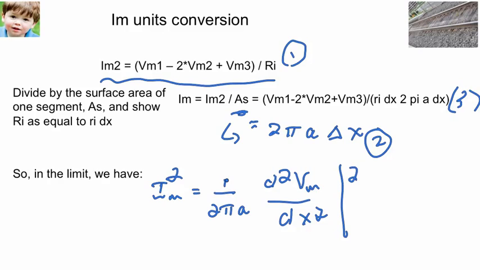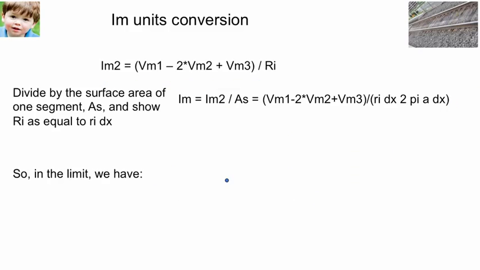So when you discretize the fiber, the result you get is this result. This is usually the result that you want if you're doing a numerical calculation.